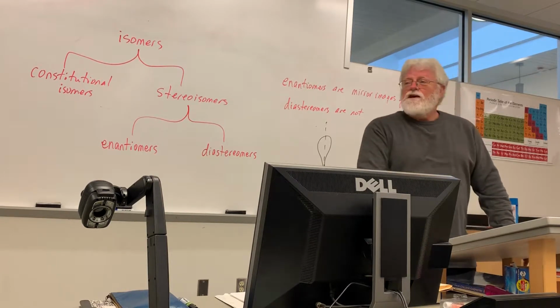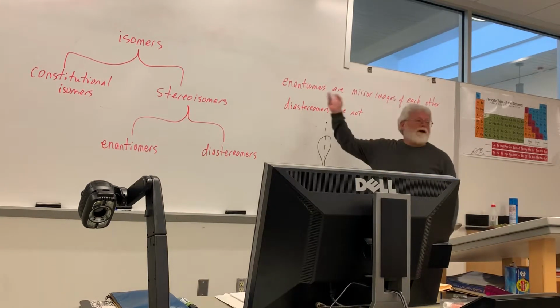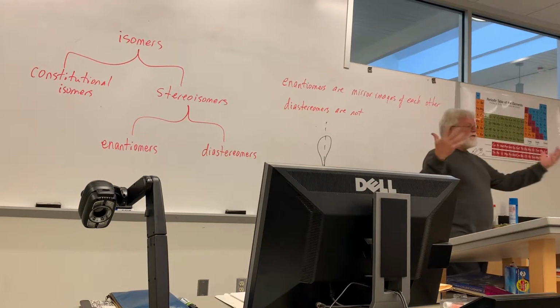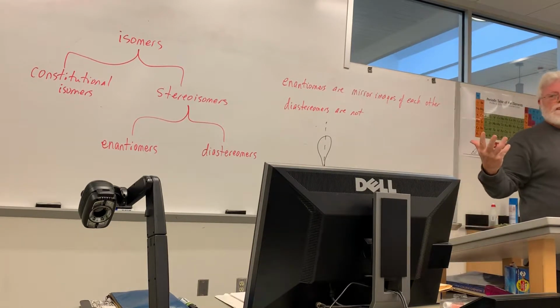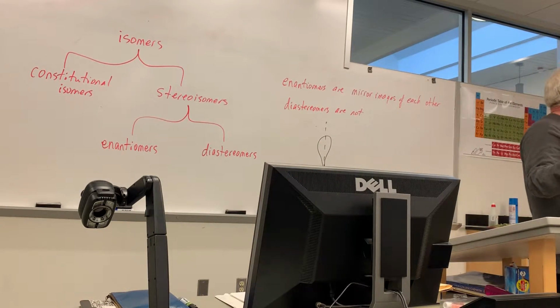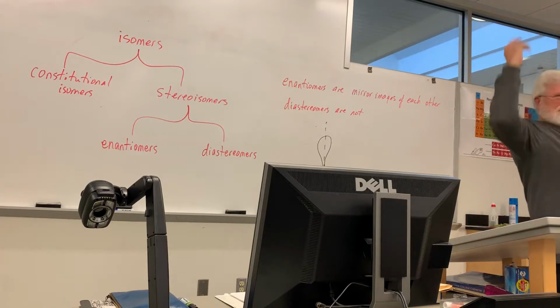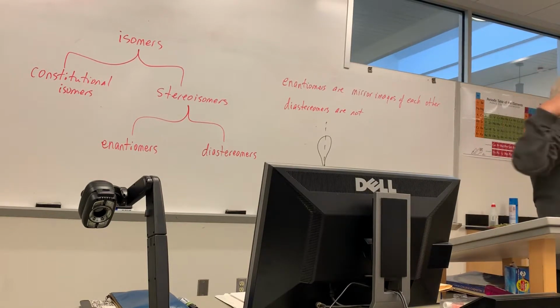Yes. So the whole idea here, a pair of enantiomers are going to be identical in all chemical properties. Everything they can do. They're going to burn equally. They're going to have the same melting point, same boiling point. They're going to react with the same things.